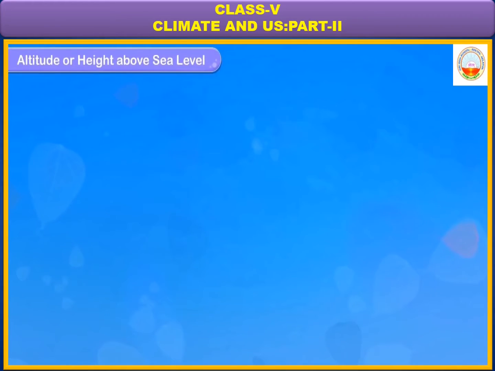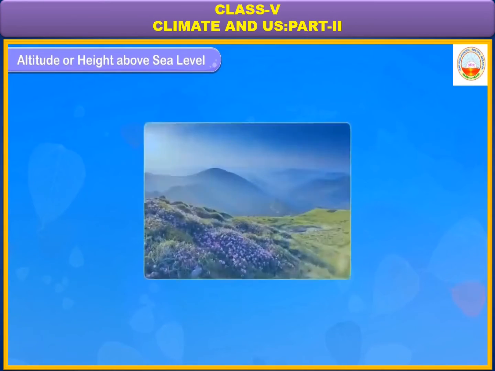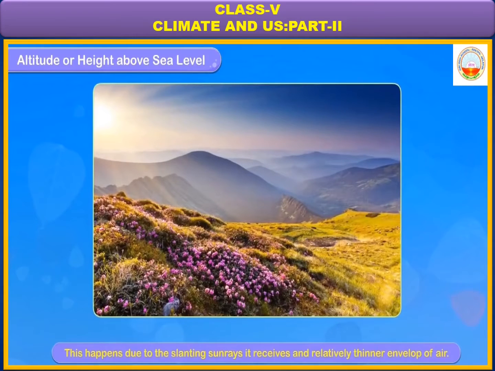Now let us learn altitude, or height above sea level. The higher a place is above sea level, the cooler is its climate. This happens due to the slanting sun rays it receives and the relatively thinner envelope of air.